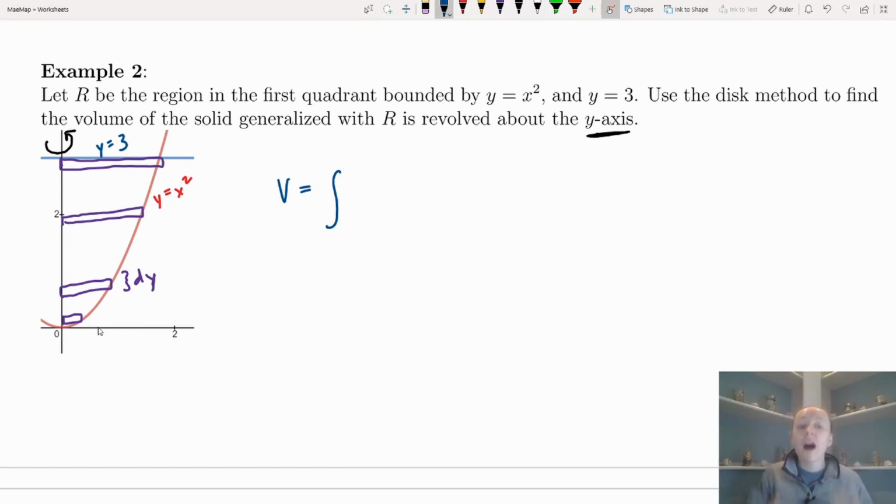So I want the y value of where I start drawing those rectangles. So I start drawing those rectangles at y equals 0, and I continue drawing those rectangles up until y equals 3. So my bounds of this integral are from 0 to 3.